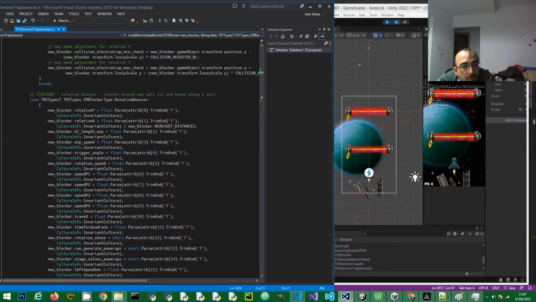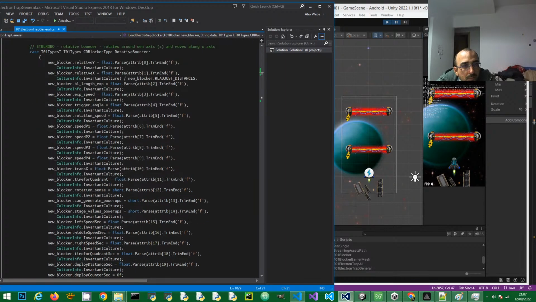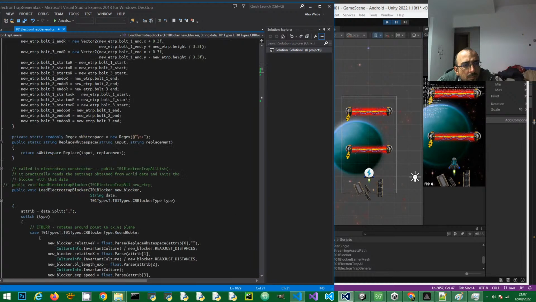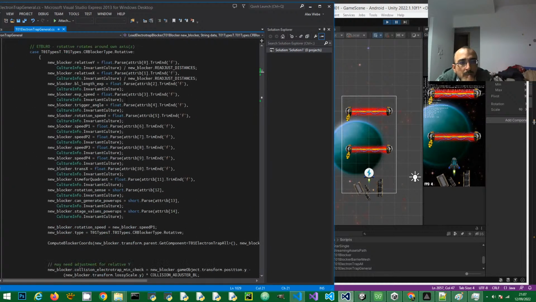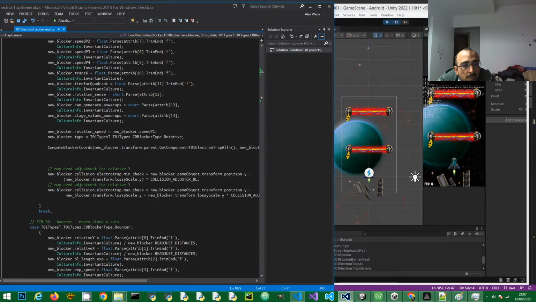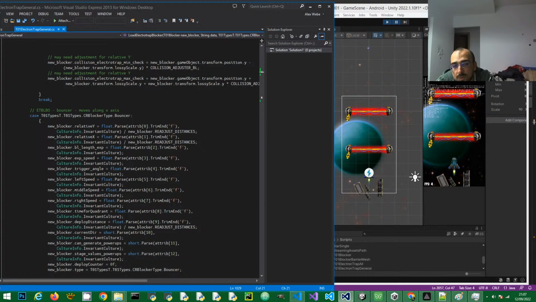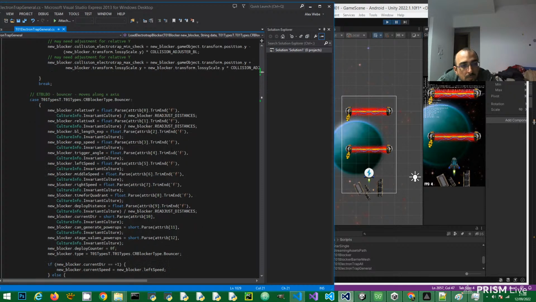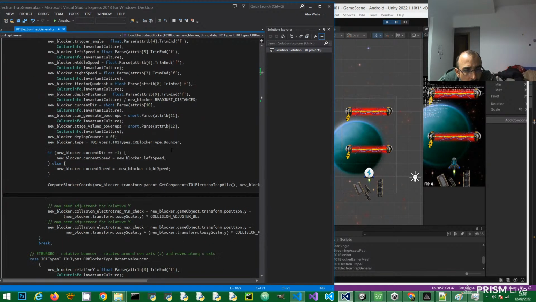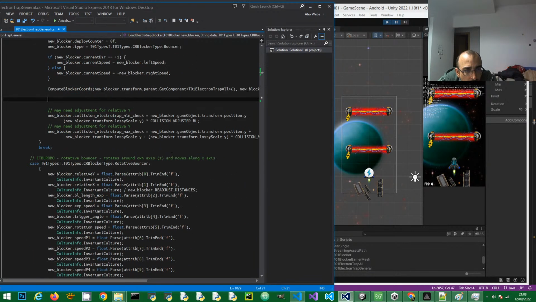Then we have the rotative bouncer. And this was what? A round robin. We also have to change the order inside the switch from the most simple one, the bouncer and the rotative, to the most complicated one. Makes the code more simple to understand and read, but we have time to do that.